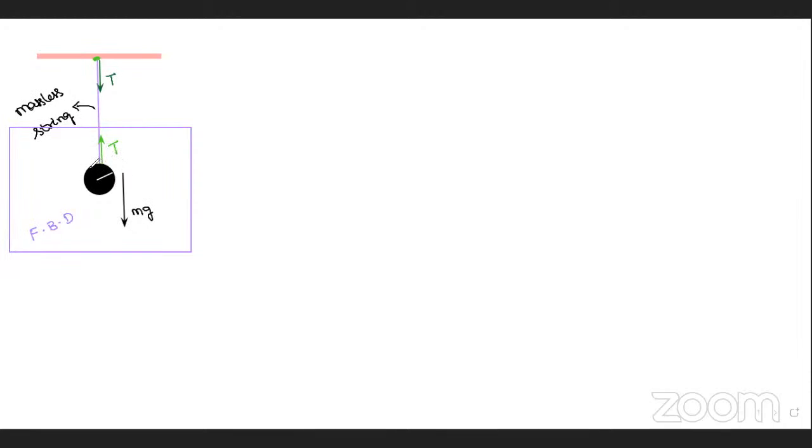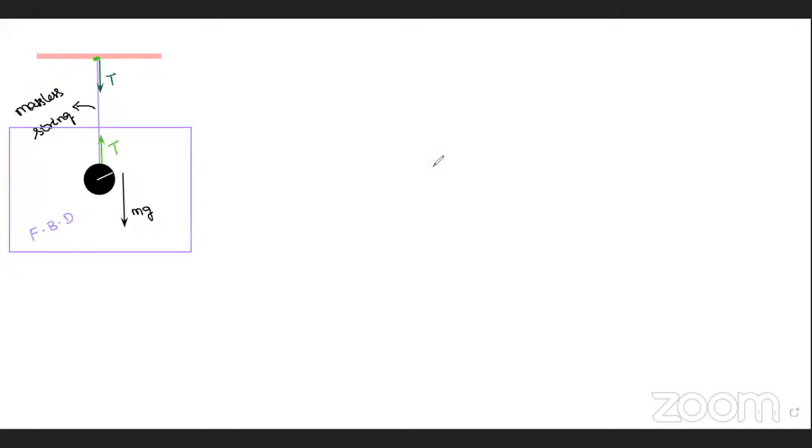Motion or at rest means you only observe whether the sphere appears to be at rest or in motion. You answer this question. In this case, it is at rest. Very good. So here in the free body diagram, first I check whether the mass present in the free body diagram is at rest or in motion.